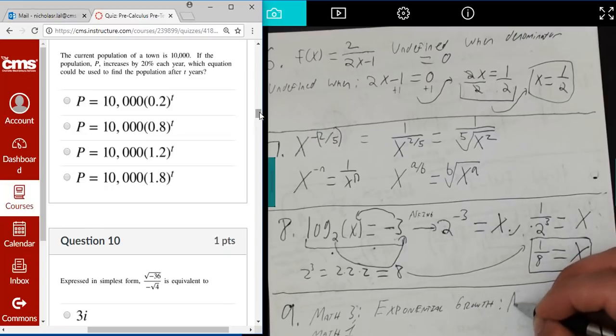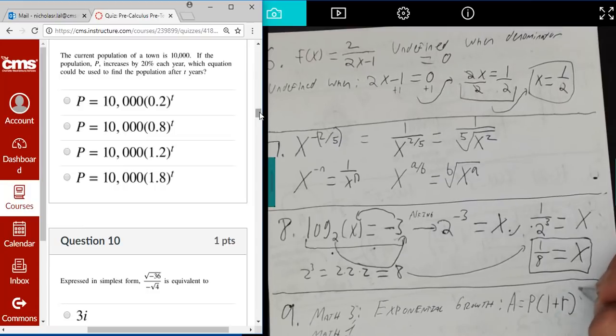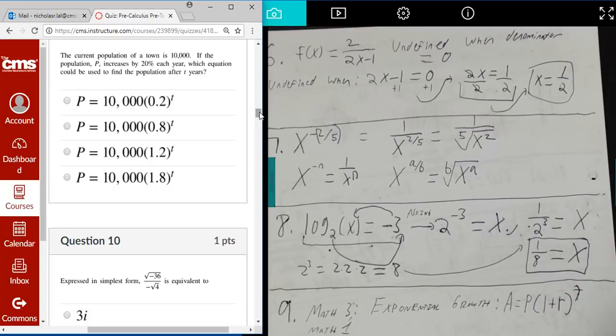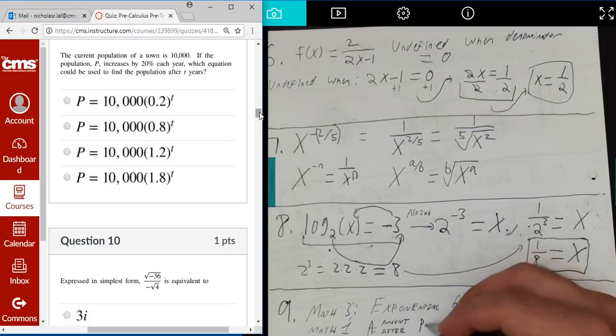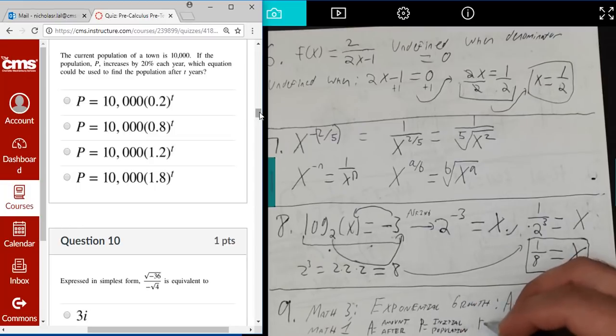Alright, so the general rule is A is equal to P times 1 plus R to the T. A is your amount after, P is initial population, R is equal to growth rate, and T equals time.